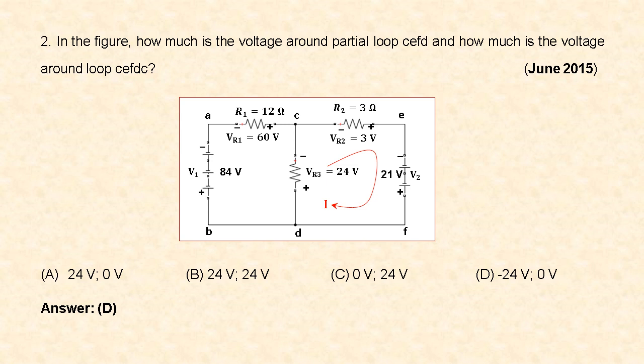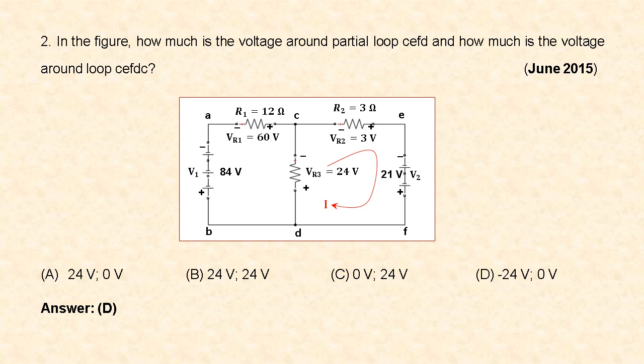Similarly, if you take the voltage source 21 volt, as we move on from the direction of current, it goes from minus to plus. Hence it is also minus 21 volt. So the total voltage across the partial loop CEFD is minus 3 plus minus 21, which is nothing but minus 24 volt.